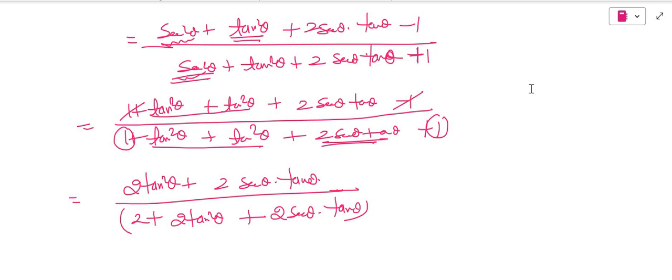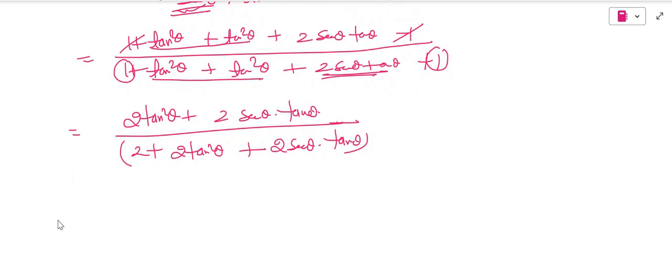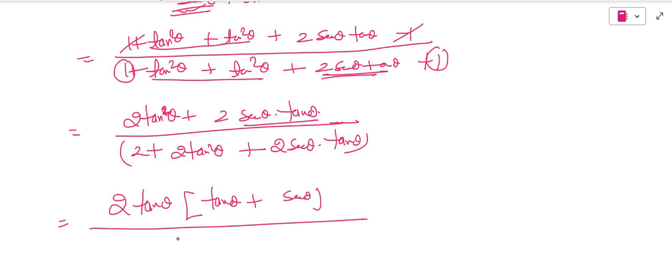Now you can see we can further simplify it. Okay? What can we do? I think in the numerator 2 tan theta is common. You can see this is tan square and this is tan into sec. Okay? So I am getting tan theta plus sec theta left over, by, what is common here is only 2. I am getting 1 plus tan square plus sec theta tan theta.